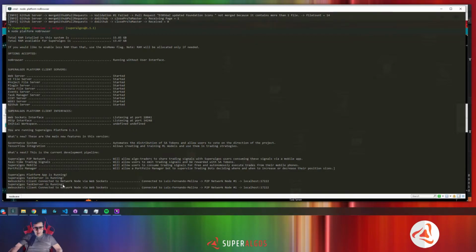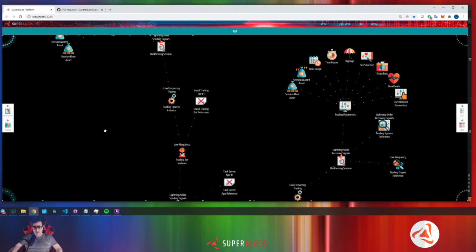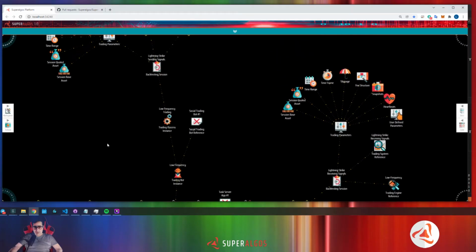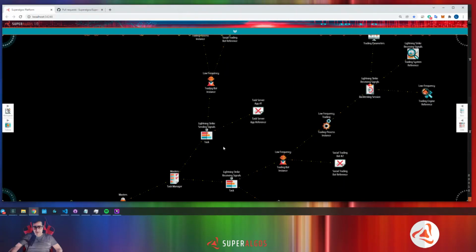Okay, task server is running, and they are both connected to the peer-to-peer network node. So that's cool. What I don't see is the process running, or even this stuff that should be running.